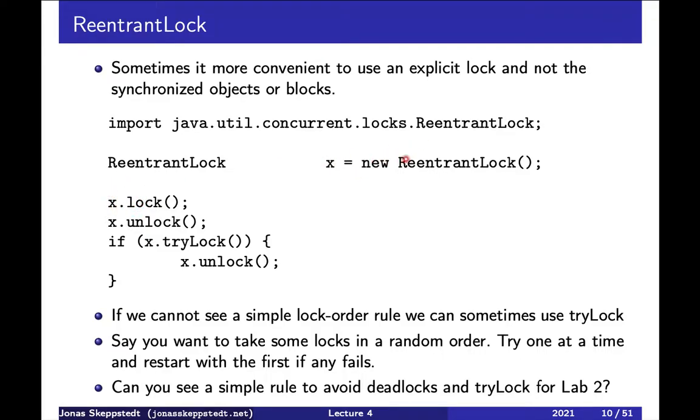We create it after importing the declarations here, and then we just use lock or unlock. We can also do something called try lock and then unlock. Try lock returns true if the thread got the lock, and false otherwise. So this can be used to check if this lock was free.